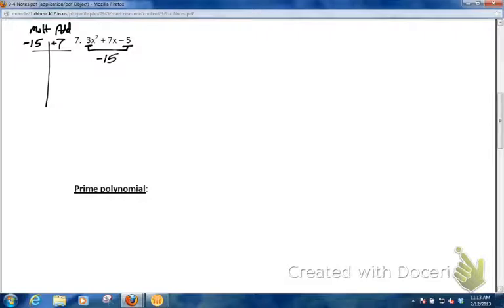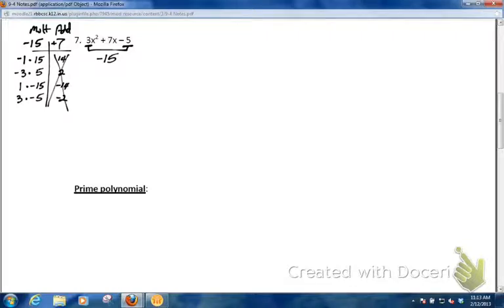Now, the negatives are important here. So for negative 15, I have negative 1 and 15, negative 3 and 5, or 1 and negative 15, 3 and negative 5. So when I add these together, I would get 14 there, I would get 2 there, negative 14 and negative 2. None of these make 7.